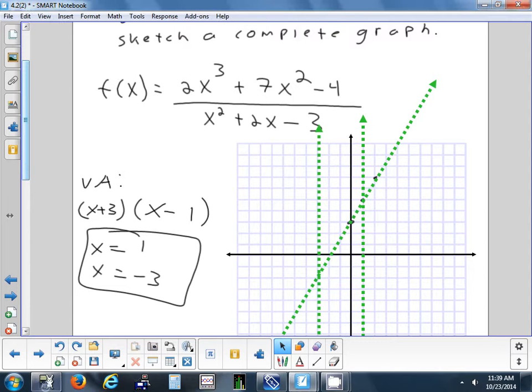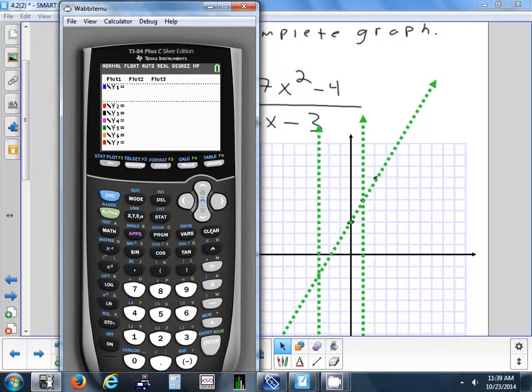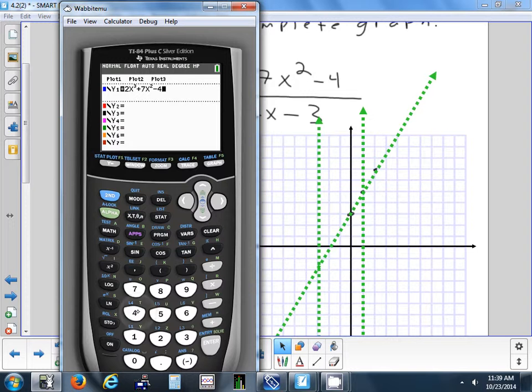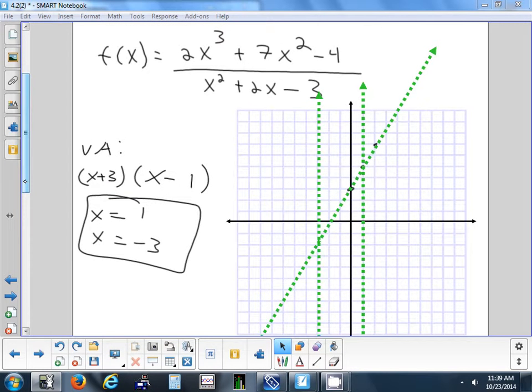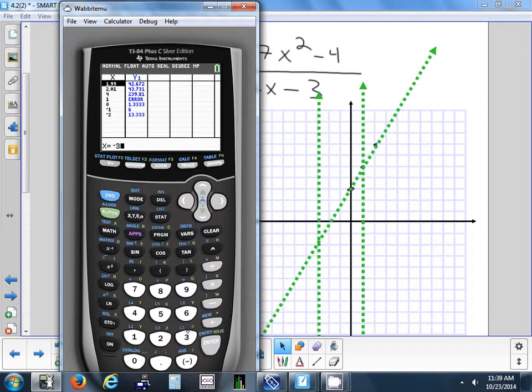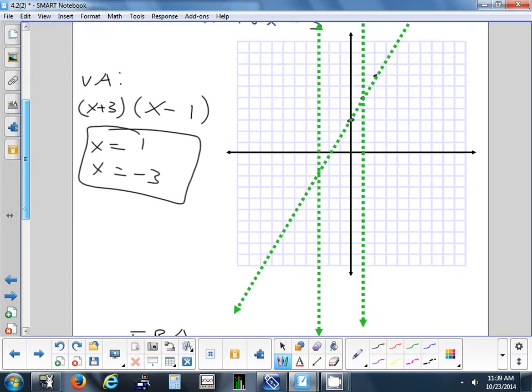No. So it's 2x cubed plus 7x squared minus 4, divided by x squared plus 2x minus 3. I'm going to try what Cole said, negative 3.001. And we're at negative 990. So we're way down.